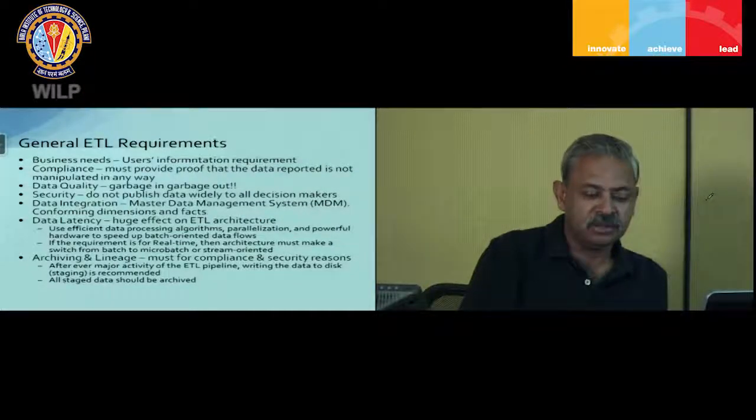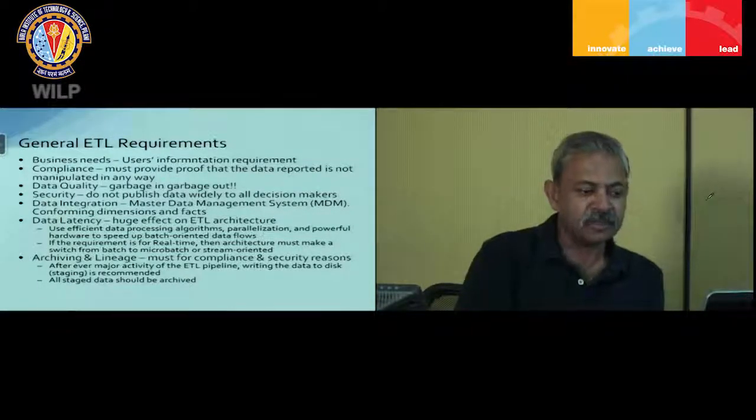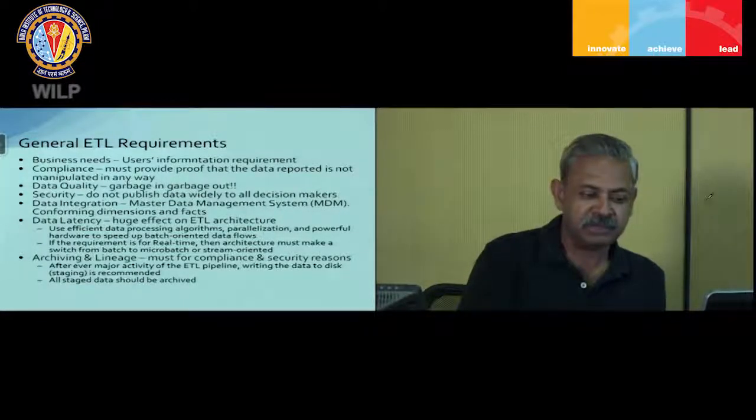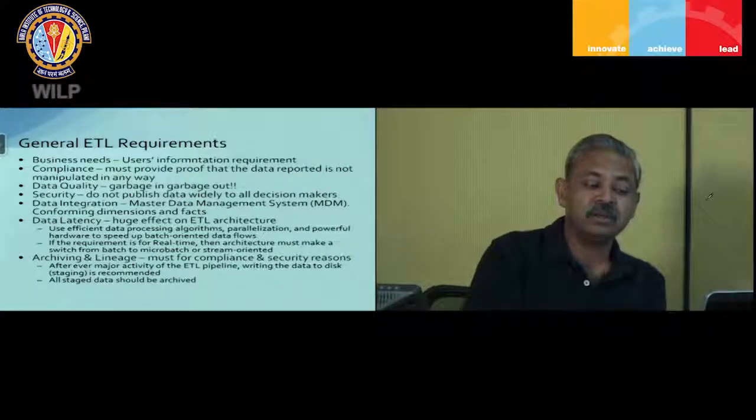Continuing with the requirements, we then have what are called the business needs. It is basically the user's information requirement, what kind of information they are looking for. And compliance, this came in the previous slide, but here I've provided some more details. It must provide proof that the data reported is not manipulated in any way, right?